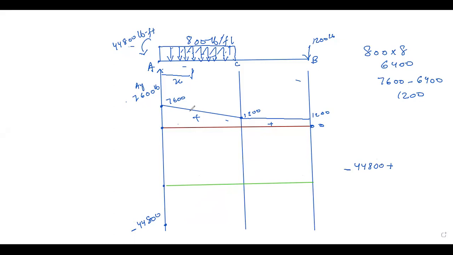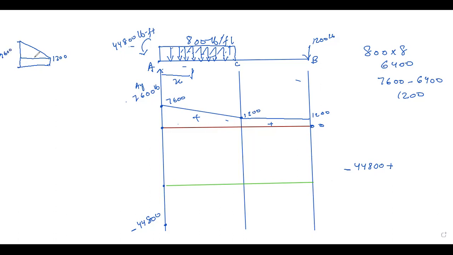So here we actually have two identical bodies. Now you can see here, if I zoom in, this body is like this. Here we have one rectangle and one triangle. From here to here, the value is 1200, and from here to here, it is 7600.